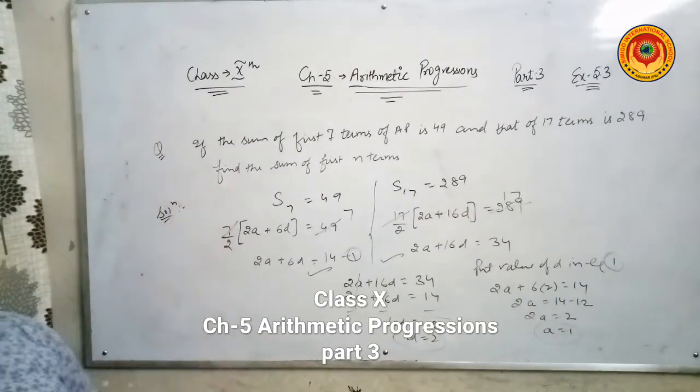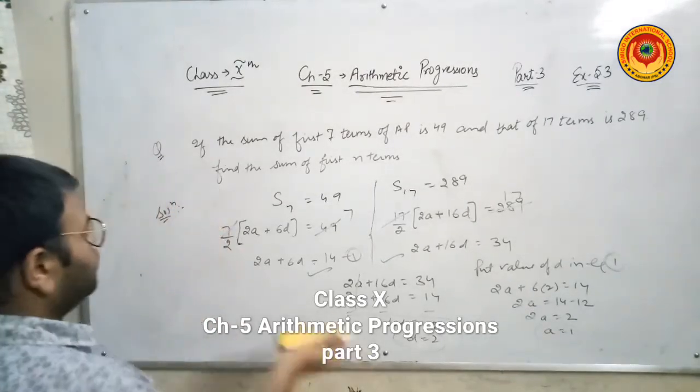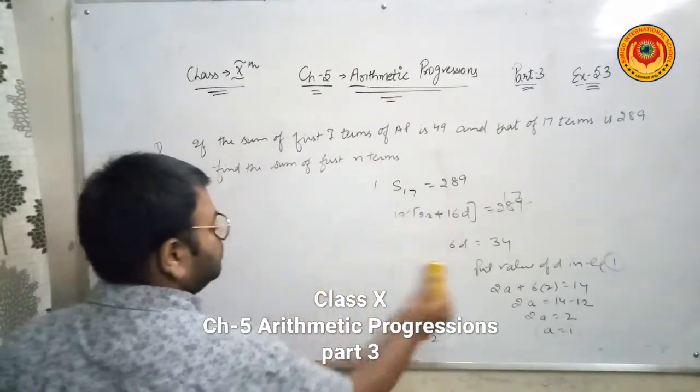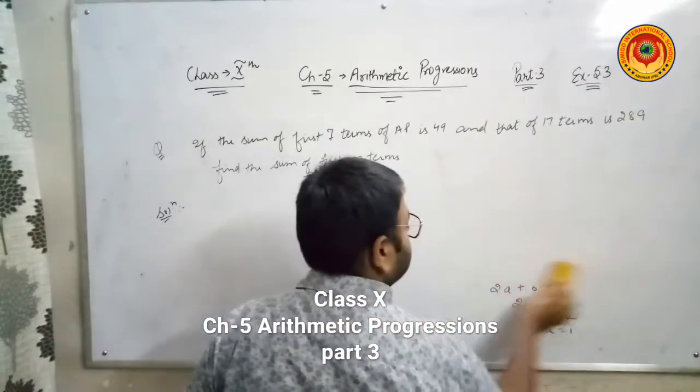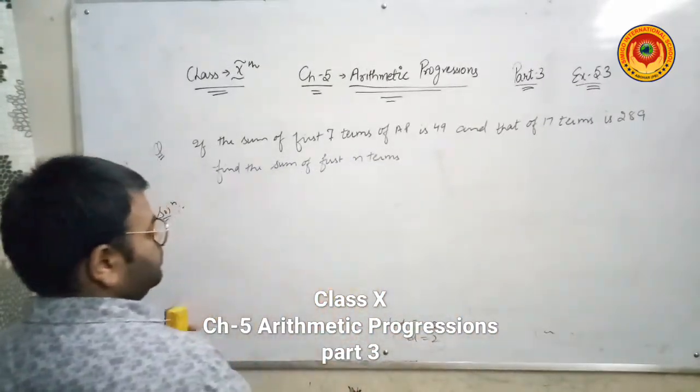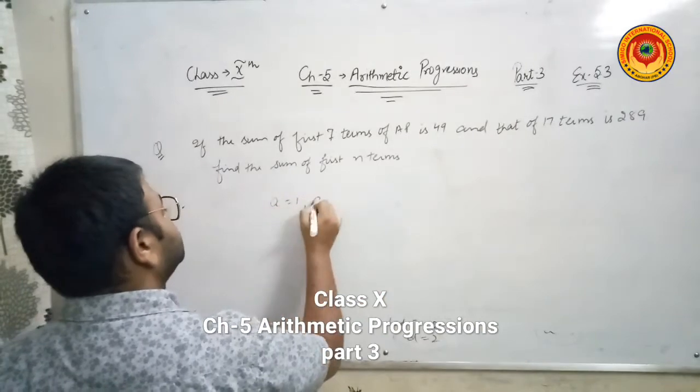Question is find the sum of first n terms. So what's the formula for Sn? a is 1, d is 2.